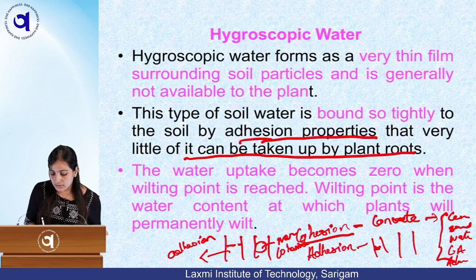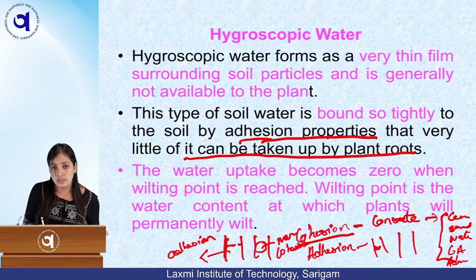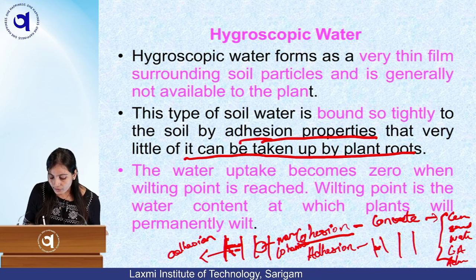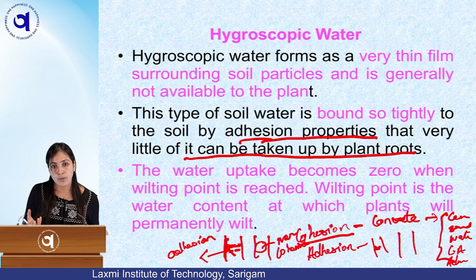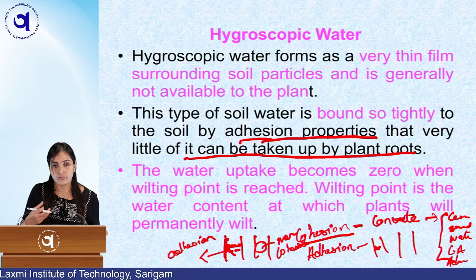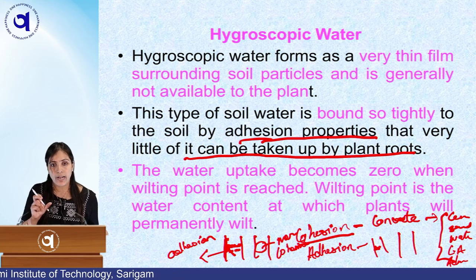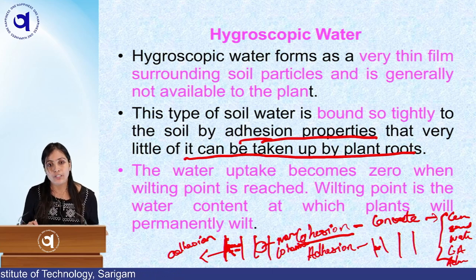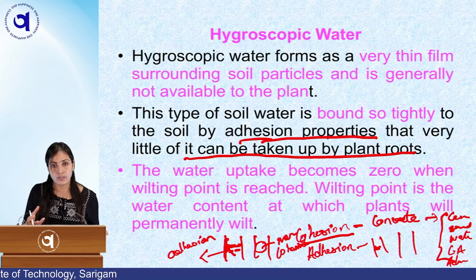Like this is a glass, and this is water. So water will try to attach to the glass, and it gains the shape of the glass. So adhesion properties means it tries to connect with other substances. This is adhesive. And cohesion means it doesn't mingle with other substances, it binds together, okay, that is cohesion.